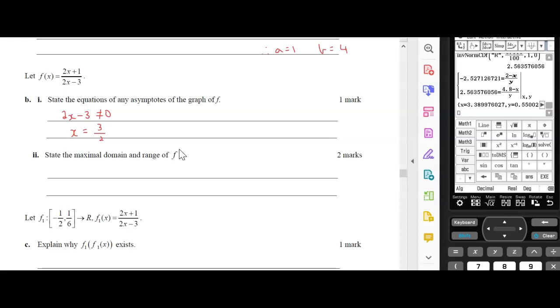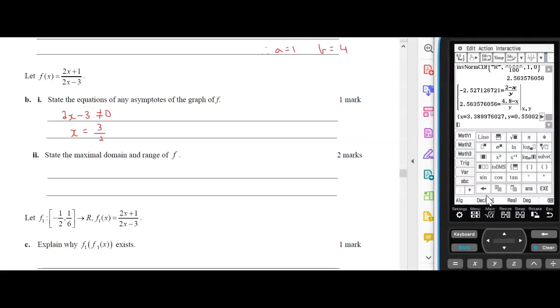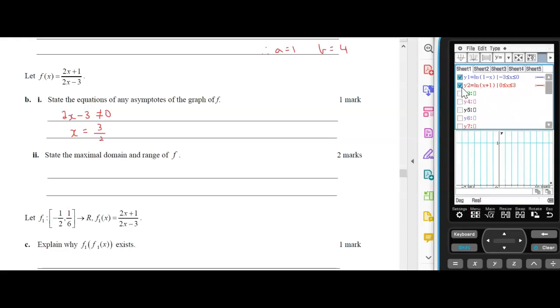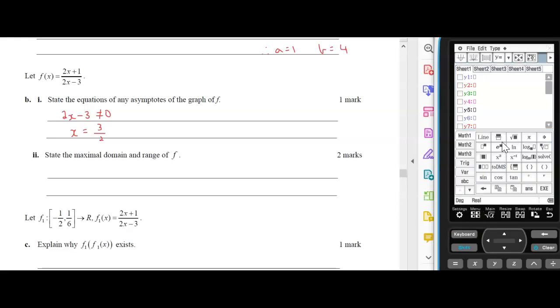Now, because this is a hyperbola, or hyperbolic in shape, it might be easier if we graph it. We don't need to graph it, but sometimes it's easier to visually see what it is. So we've got (2x plus 1) over (2x minus 3).